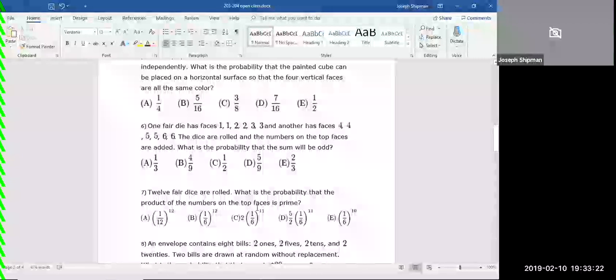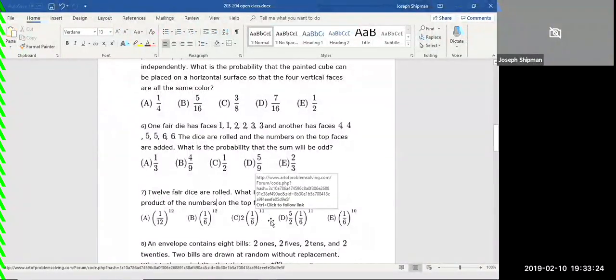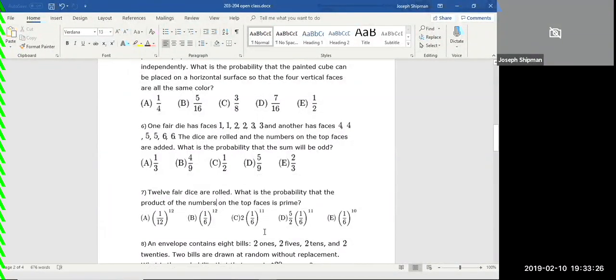The probability that the product of the numbers in the top faces is prime. A success means that we have a prime number and then 11 ones. Because if they're all ones, 1 isn't a prime number. So we have to have a 2, a 3, or a 5 on one of the dice, and then we have to have 1s on all of the other ones.